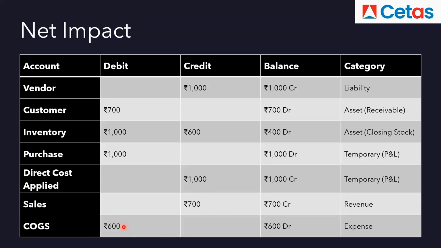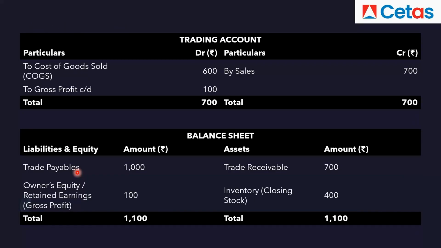So, BC automatically adjusts purchases and the direct cost applied accounts during the inventory posting. They cancel each other out because they are only intermediate accounts used to move costs from purchase to inventory. Effectively, after the system finishes all the cost application routines, we have a sales worth rupees 700, we have COGS worth rupees 600, and we have gross profit of rupees 100.